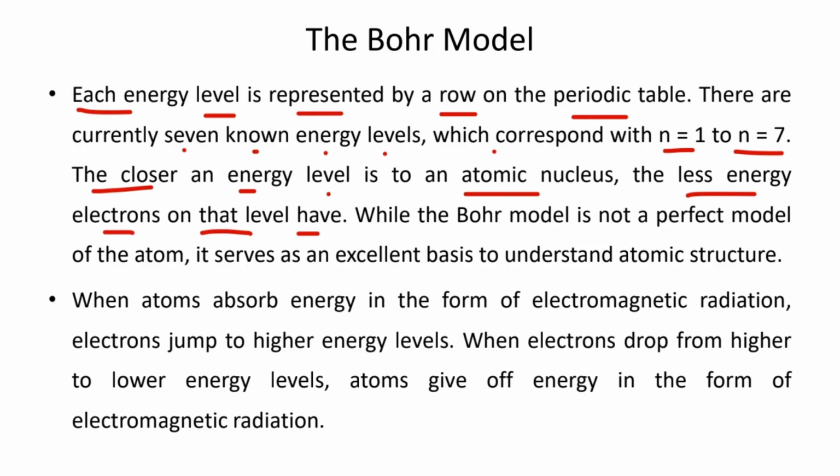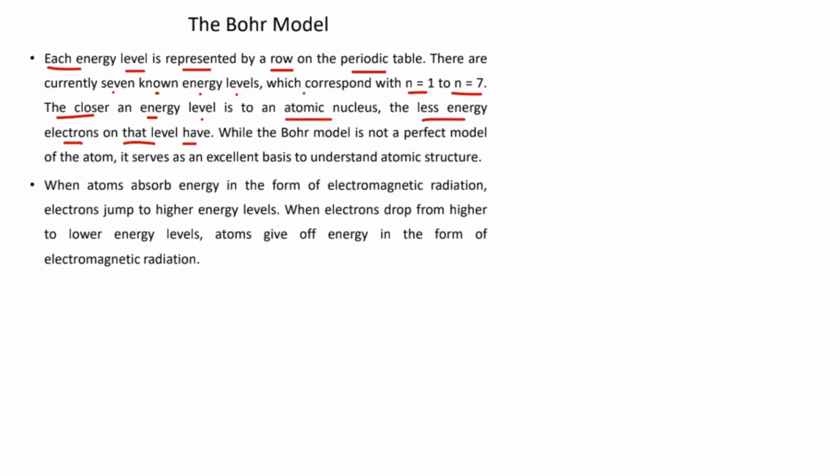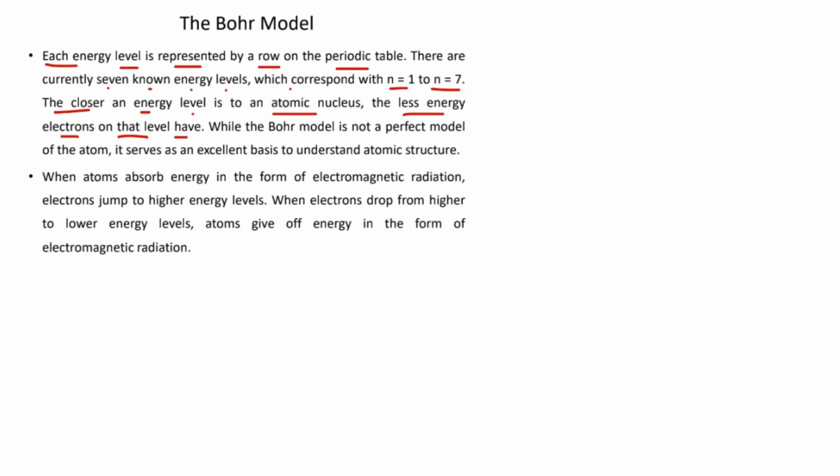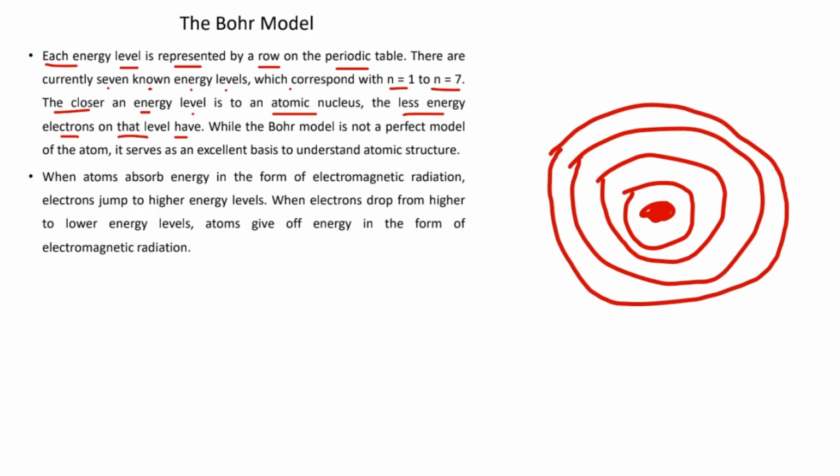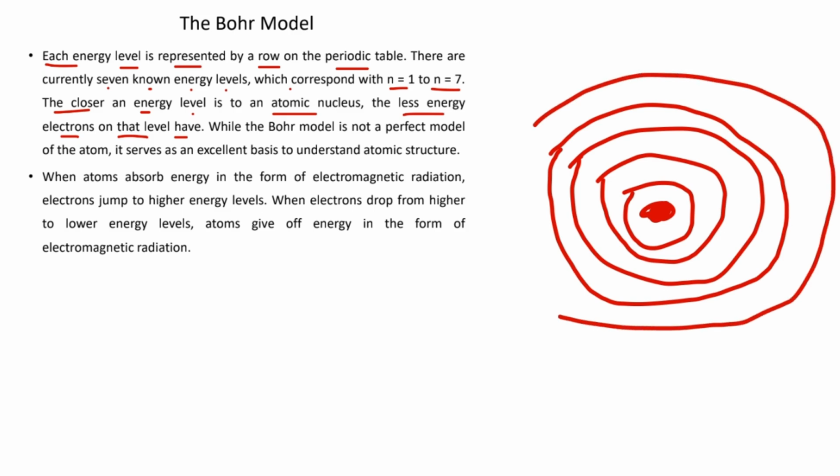Okay, so let's explain this further. For example, this is the nucleus. Around the nucleus we have 1 orbit, 2 orbits, 3 orbits, 4 orbits, or energy levels, 5 energy levels. Now if I ask you which one has higher energy, the electron in the second energy level or the electron in the fifth energy level?